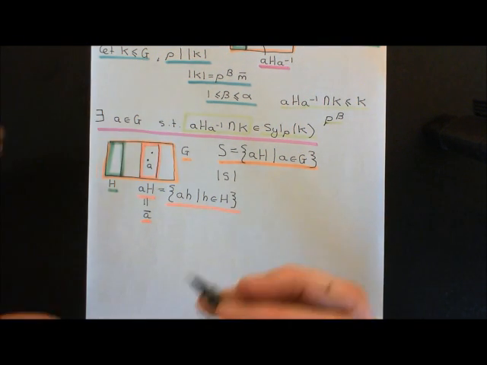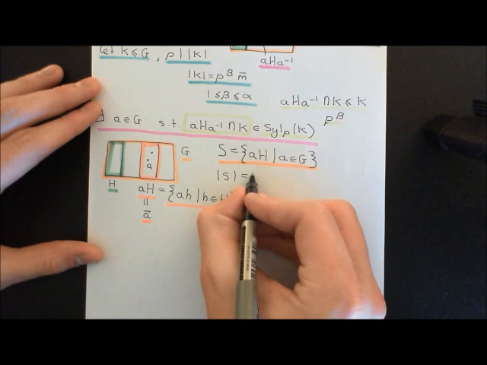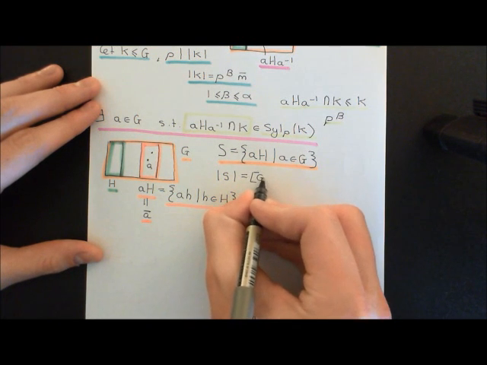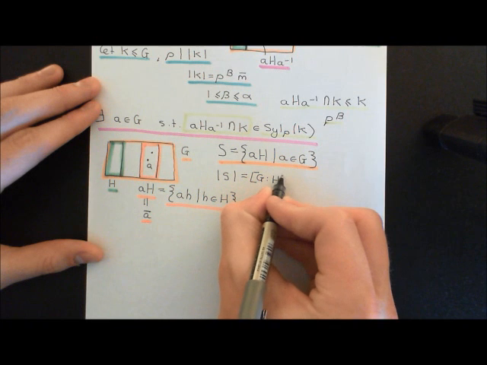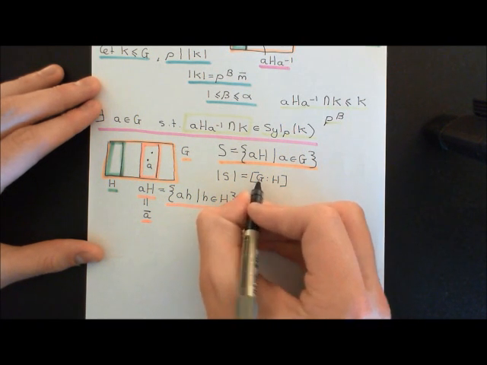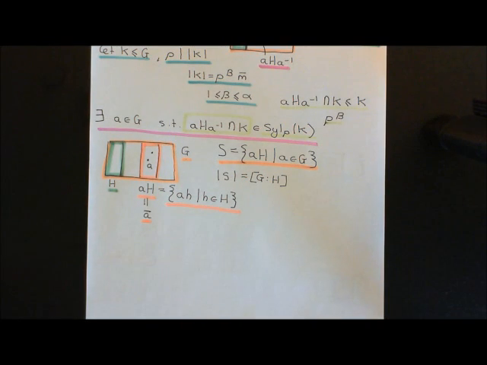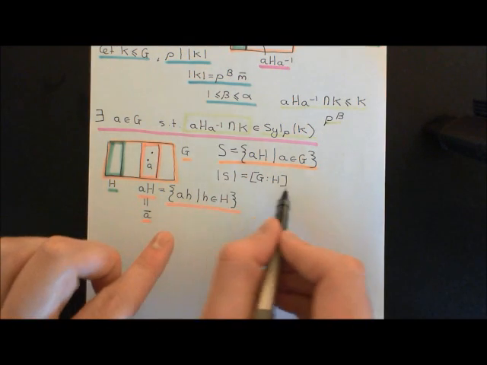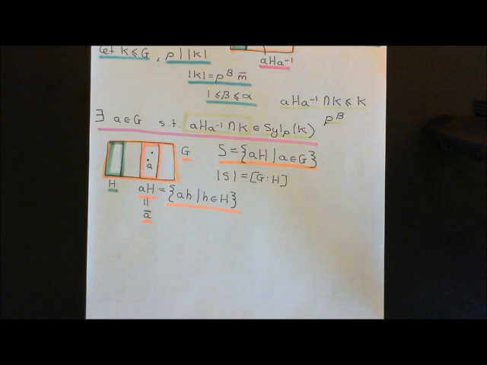Well, that's just the definition of the index of the subgroup capital H in the group capital G. This just means how many left cosets of capital H there are in the group capital G. We can work that out. We saw previously, when proving the first Sylow theorem, a formula that applies in finite group theory for the index of a subgroup capital H in the group capital G.